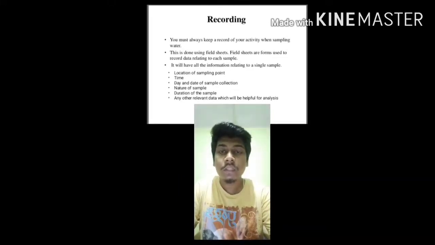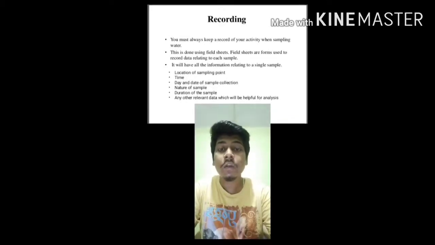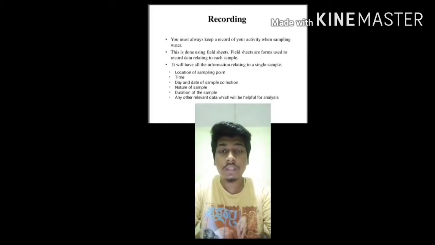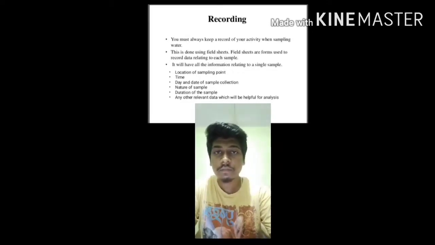The information such as location of the sampling point, the time at which the sample is collected, the day and date the sample is collected, nature of the sample collected, duration of the sample, and any other relevant data which can be helpful for the analysis of the wastewater which is collected.